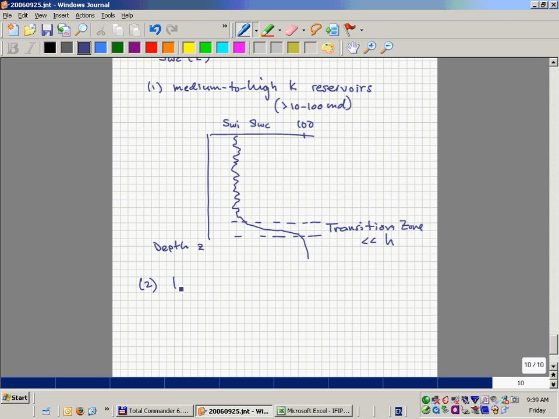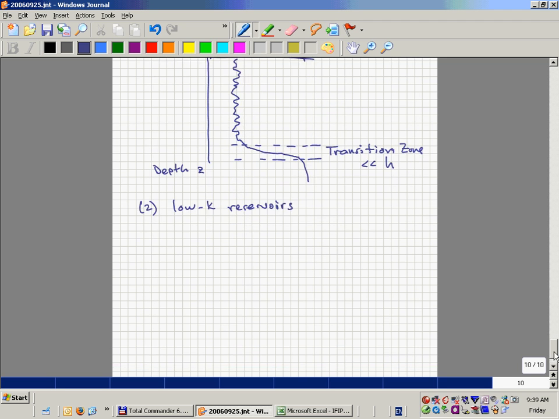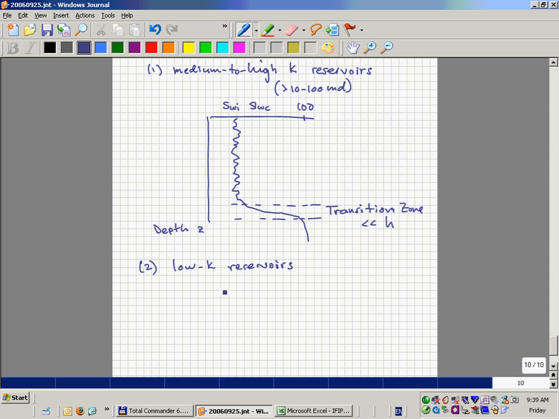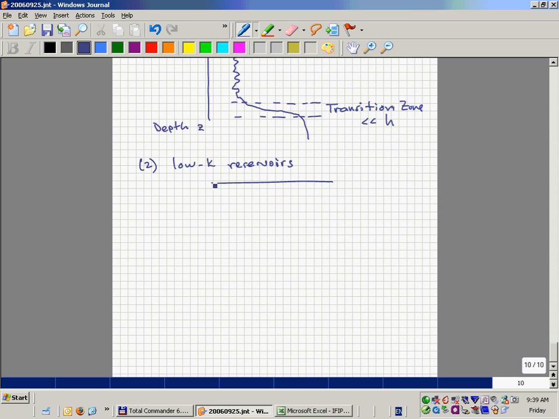In low K reservoirs, we get something that looks totally different.